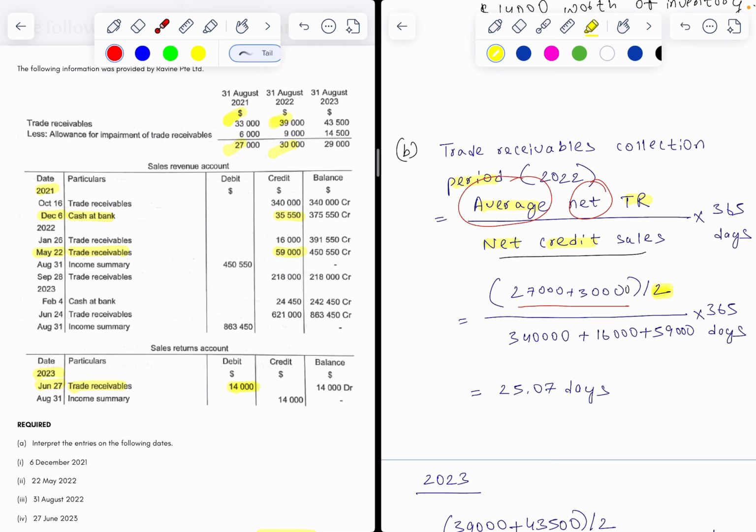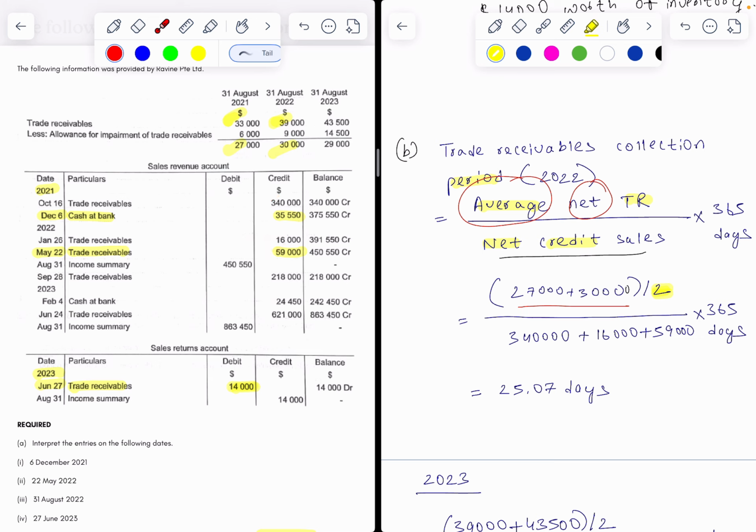So what we will do is look for all transactions where the word trade receivables is mentioned between 2021 and 31st of August 2022. The first one is here, 340K in 2021, then in 2022 we have got 16K, and then we have got 59K, right?